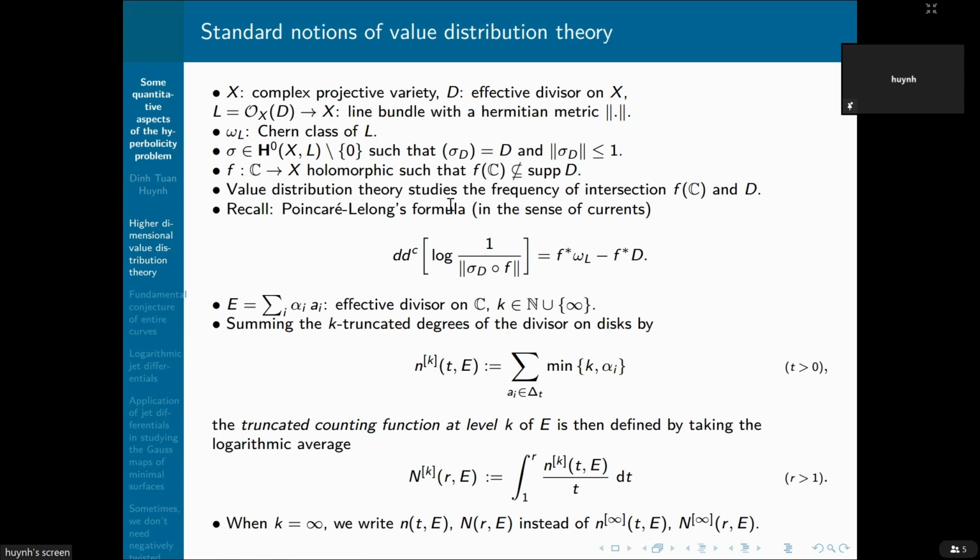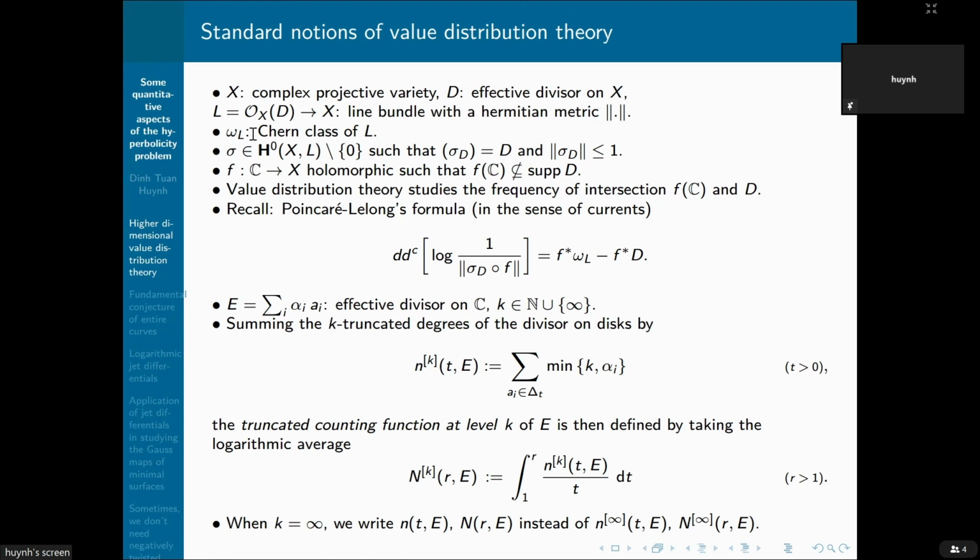Suppose S is a complex projective variety and D is a Cartier effective divisor on S. We take L to be the associated line bundle, and suppose we fix a Hermitian metric on L, and omega_L is its Chern class.